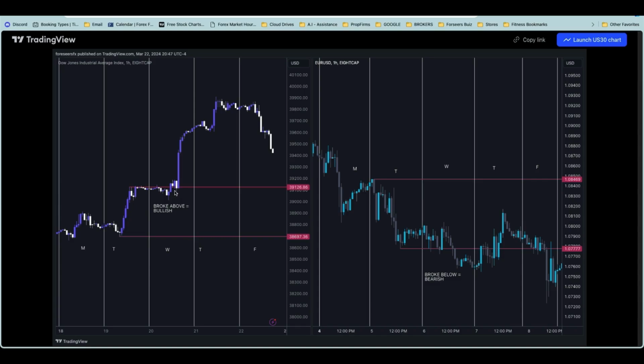In this case, if a bullish candle breaks above your Tuesday high, the rest of the week should generally be bullish, right? And vice versa, if a bearish candle body closes below the Tuesday low, then generally the rest of the week should be bearish, right?